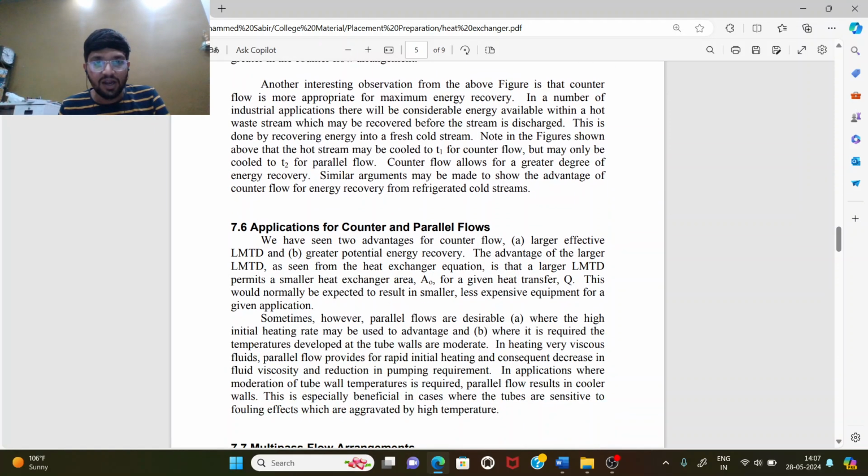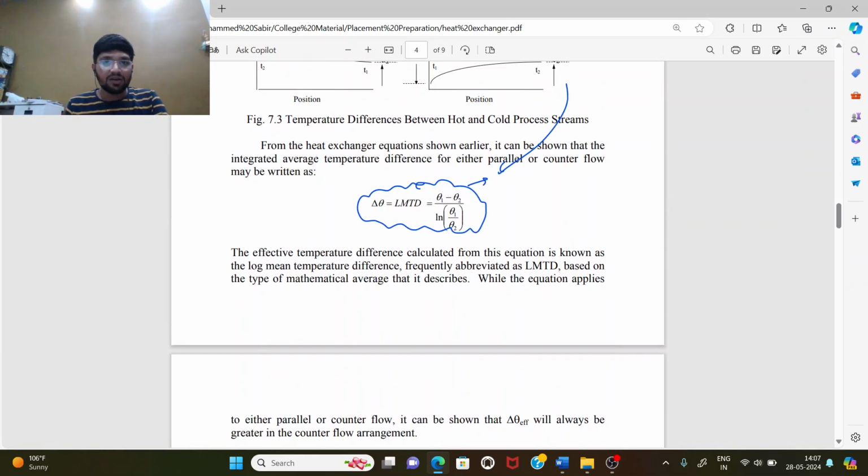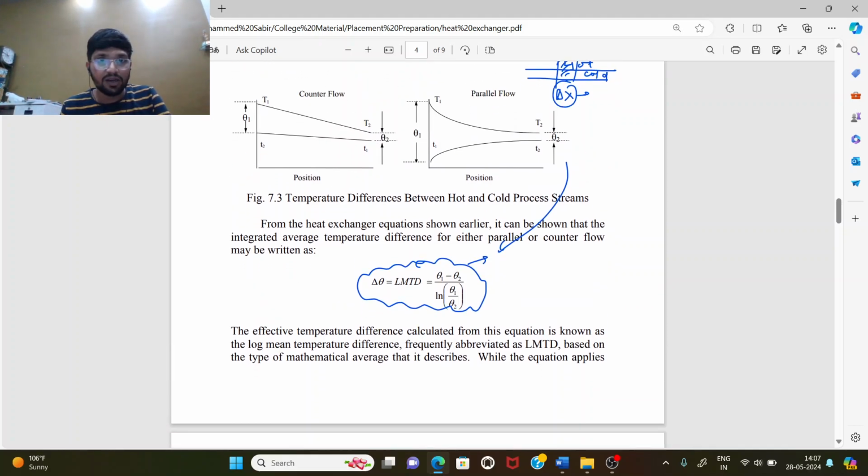The next thing is the applications part of the LMTD. As a practitioner, we know the inlet and outlet temperatures of the hot fluid and the inlet and outlet temperatures of the cold fluid. By using those we can find the LMTD.